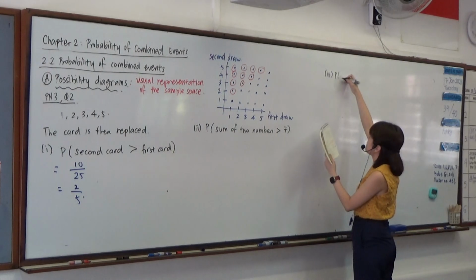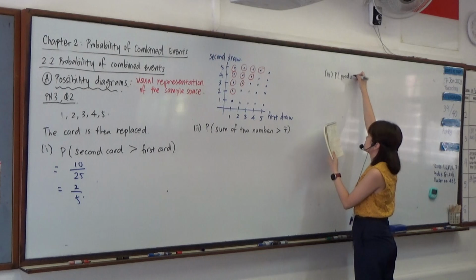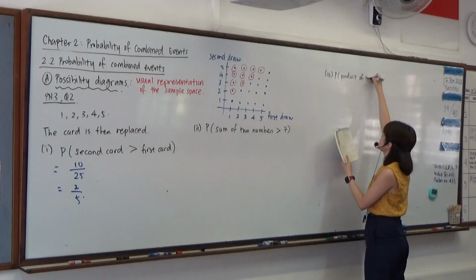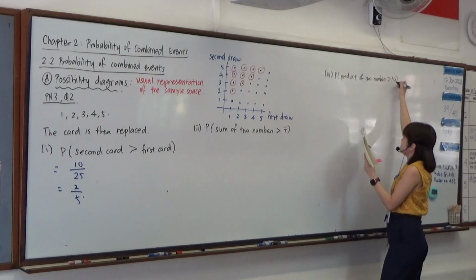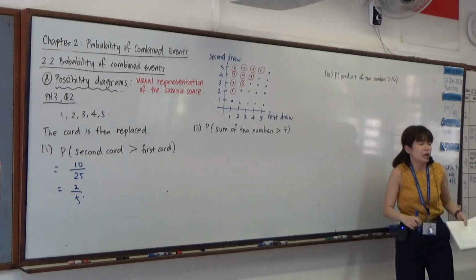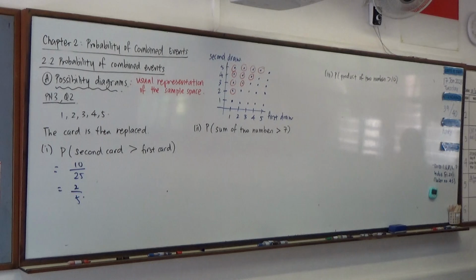It says you want to find the probability of the product of 2 numbers greater than 10.